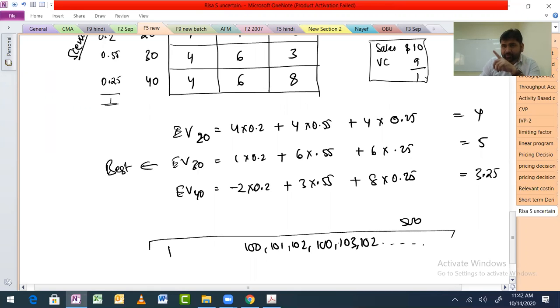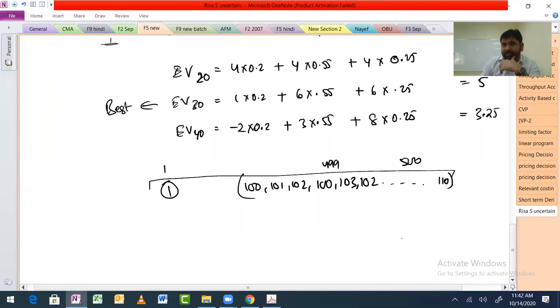In those 500 numbers, all the numbers are between 100 and 110, meaning 499 numbers are here, and only one number is 1. So the impact of this number will be lost while you are doing the calculation.